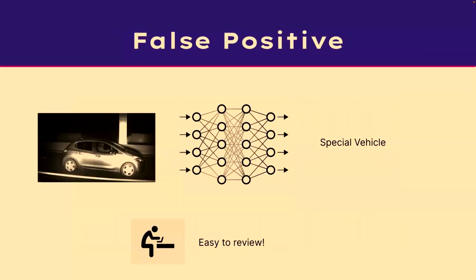With false positives, this is where a regular vehicle is predicted as a special vehicle. In this case, it's not so bad because in InvisionAI's pipeline, they have humans sitting there manually reviewing images that have been classified as special vehicles. So these misclassifications will eventually end up being caught by a human reviewer.